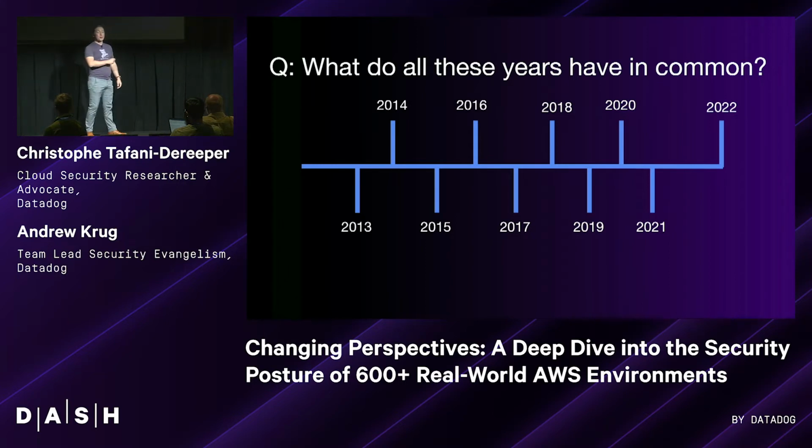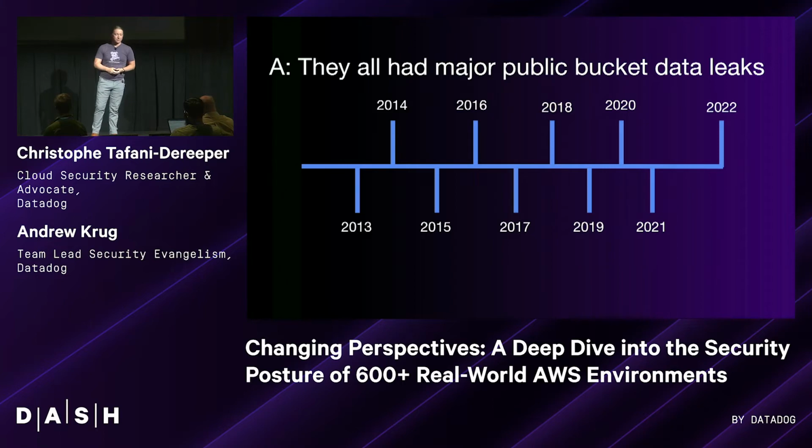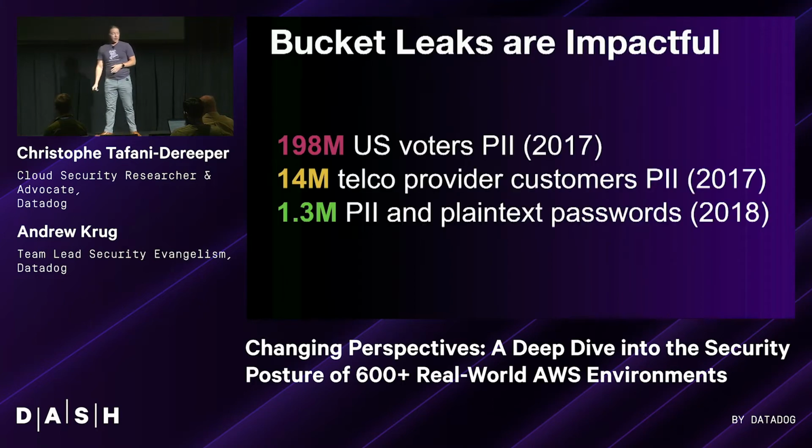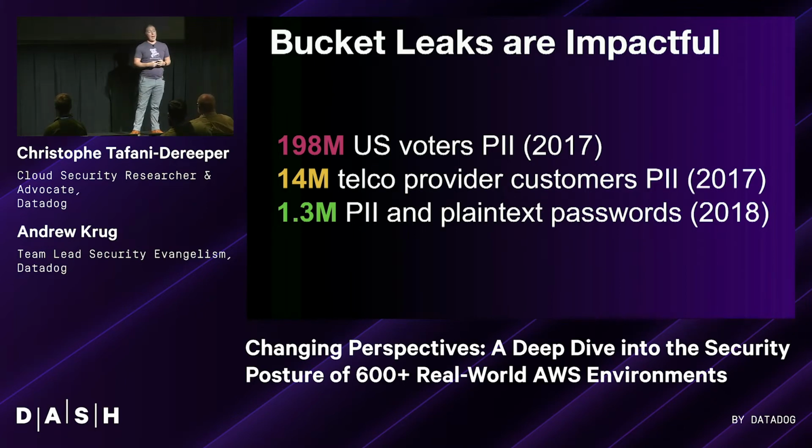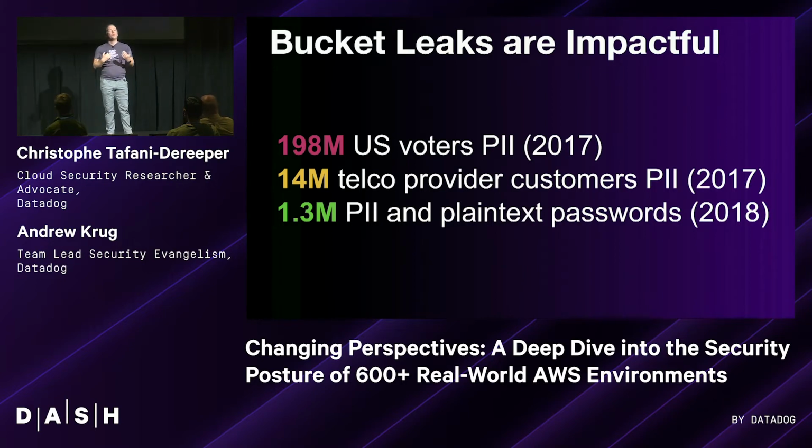These were all years that there was a public S3 bucket that was the result of a data breach. And you can see, without picking on any single incident here, that these are actually very impactful incidents. So it's almost always, when it hits the headlines, there are millions of records, right? And this can be quite expensive for you as a company if you can be proved to be negligent in the handling of your users' data.